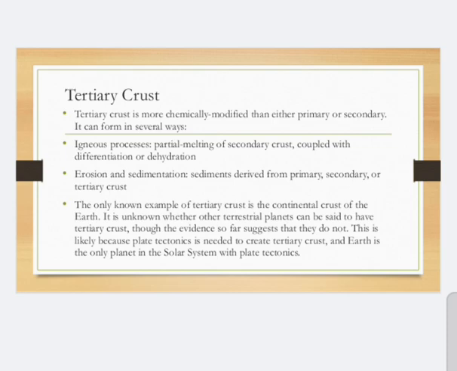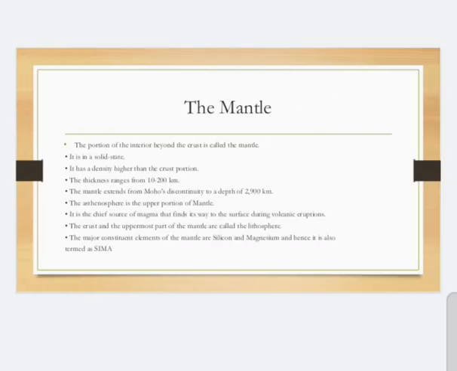The only known example of tertiary crust is the continental crust of the Earth. It is unknown whether other terrestrial planets can be said to have tertiary crust, though the evidence so far suggests they do not. This is likely because plate tectonics is needed to create tertiary crust, and Earth is the only planet in the solar system with plate tectonics.